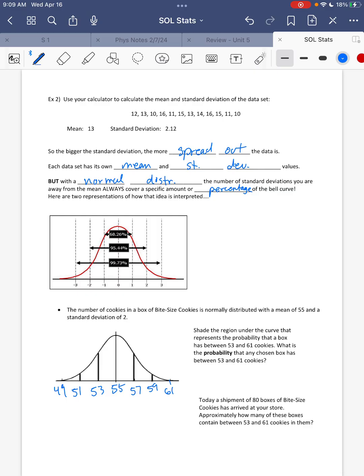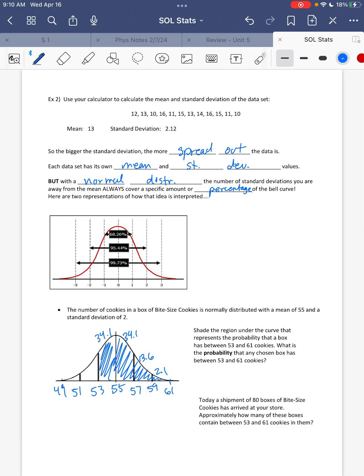All right, so I want 53 and 61. 53 is right here and all the way up to 61. Basically, I'm going to add up these pieces. I've got my 34.1, 13.6 and 2.1. Those are the numbers I'm getting from there. And then this is another 34.1.